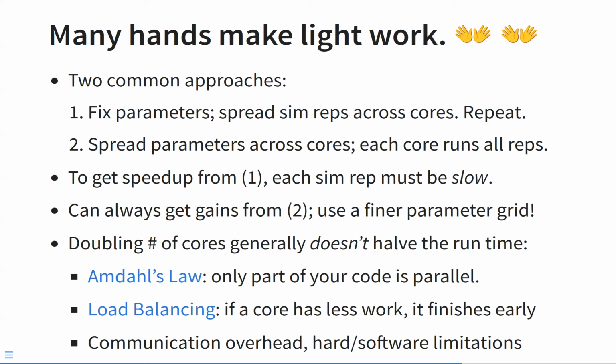Well, then we could take mu is 1, send that to core number 1, and that core will do all 5,000 replications. At the same time, we could send the value mu is 2 to core number 2. That core is going to do all 5,000 replications with mu is 2, and so on for the other 3 cores.